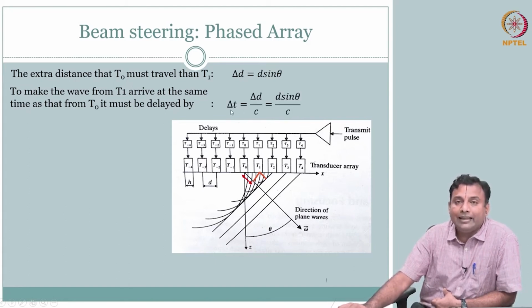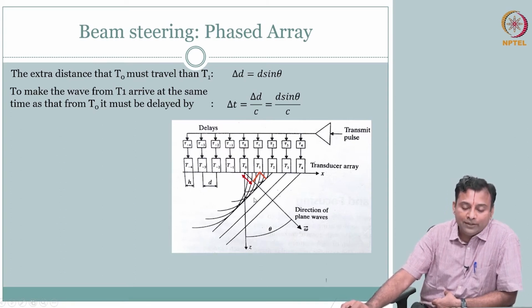So your delta t, the delay, should be delta d by c, or d sine theta by c. Okay, so this is for T1, but the same logic I can have for all the others, T1, T2, T3, or T minus 1, T minus 2, T minus 3. For all of them the logic is the same.